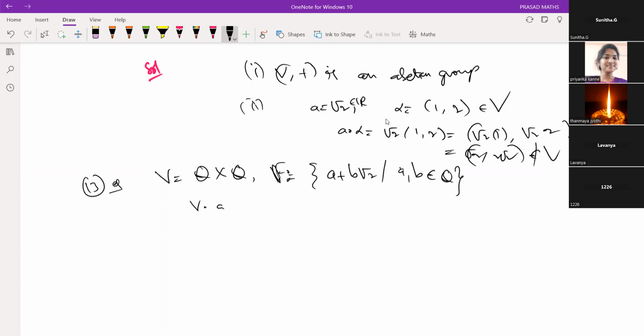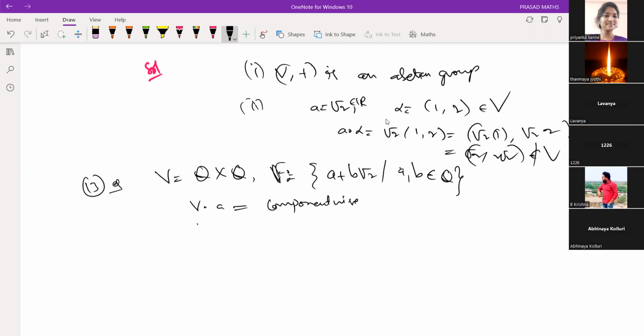Vector addition is again component wise, and scalar multiplication is also component wise. The question is, is it a vector space?